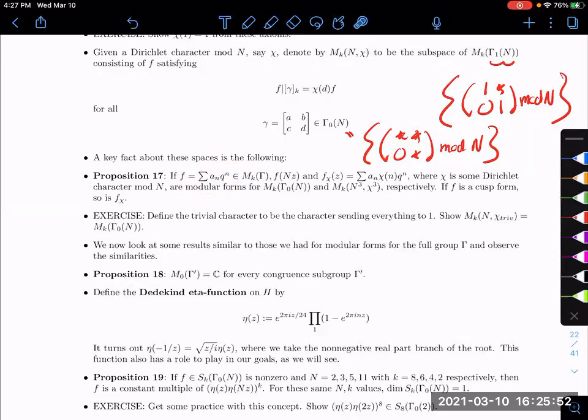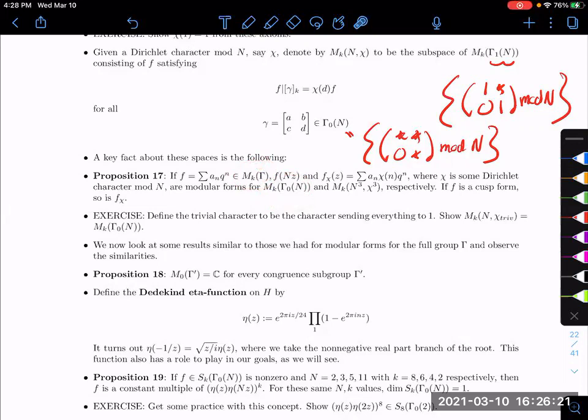Then it turns out if I scale z by capital N, I end up with a modular form that's still of weight k, but for the subgroup gamma naught of n. So you're allowed to scale the input variable z by some capital N, and you're actually still a modular form, just not for the full group, for a subgroup.